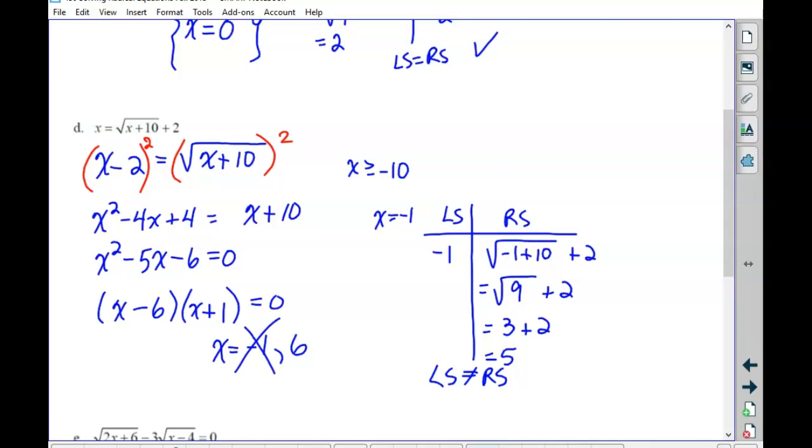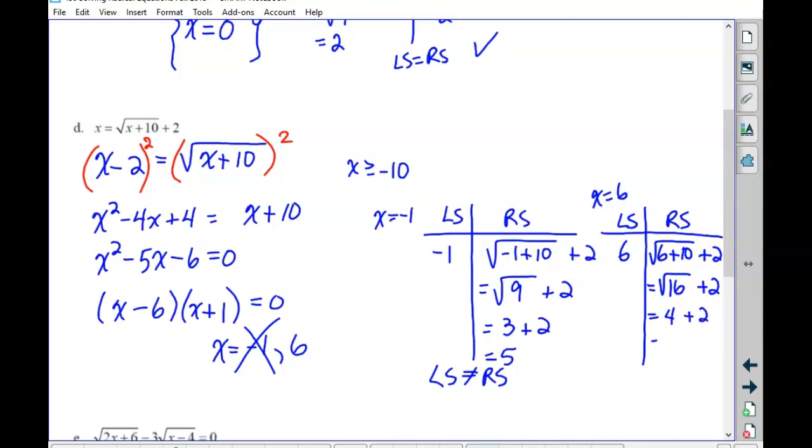Okay, then you do the same for the next one, for x equals 6. So 6 on the left, 6 plus 10 square rooted plus 2. That one does work. Okay, so then I go back and I rewrite with just the solutions.